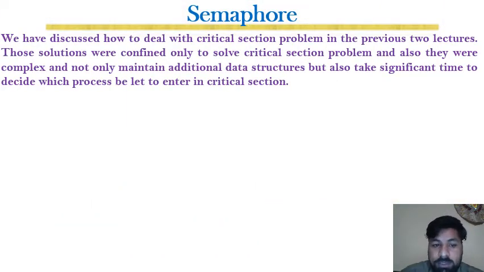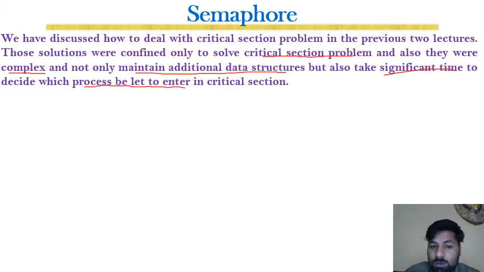We have discussed how to deal with the critical section problem in the previous two lectures. Those solutions were not only confined to solving the critical section problem, they were also complex, and they maintain additional data structures and take significant time to decide which process may enter the critical section, right?